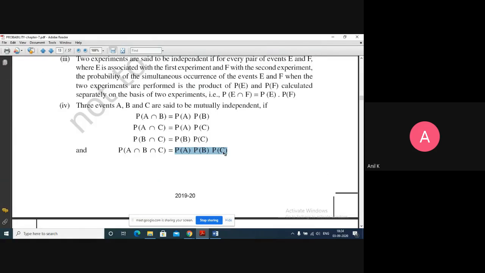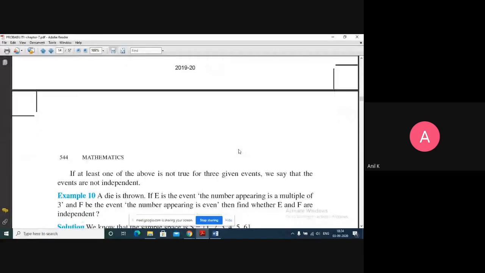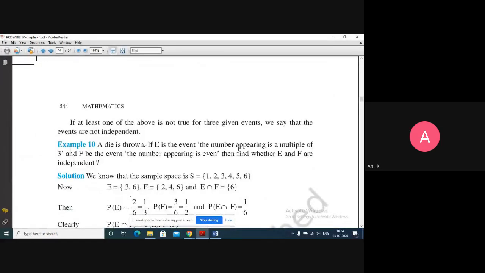That's what we discussed for the dependent event. If they are independent events, then it is just the product of the individual events, P of A into P of B into P of C. So like this, you can extend it to any number of events.